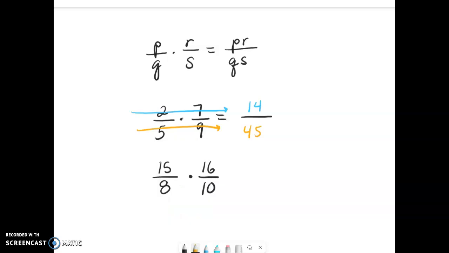Well, now when I look at this, I can see that both 15 and 10 have a common factor of 5. So I could divide that out of both of these. 10 divided by 5 is 2, and 15 divided by 5 is 3.